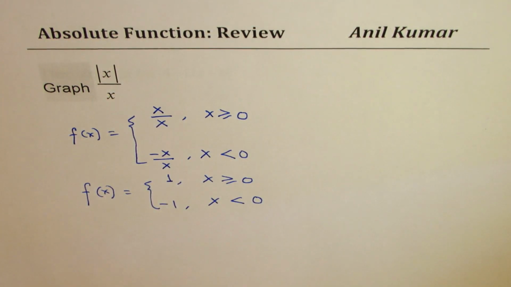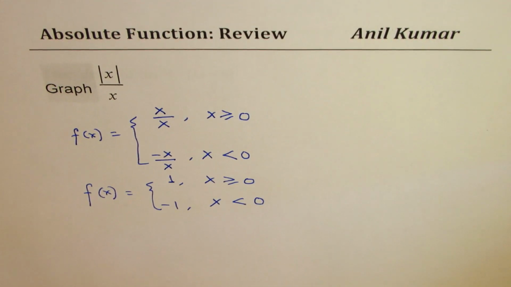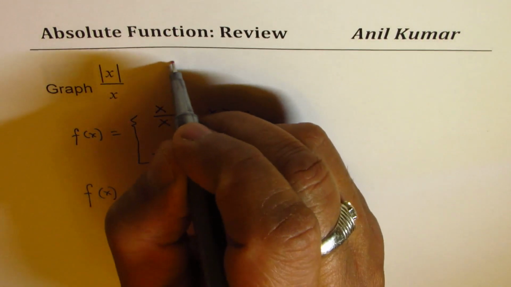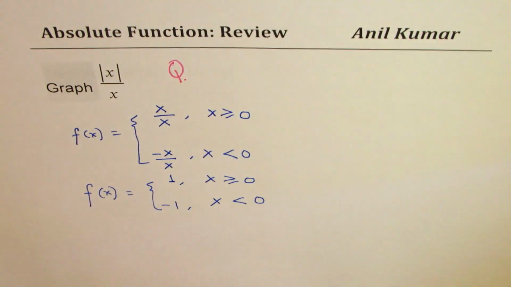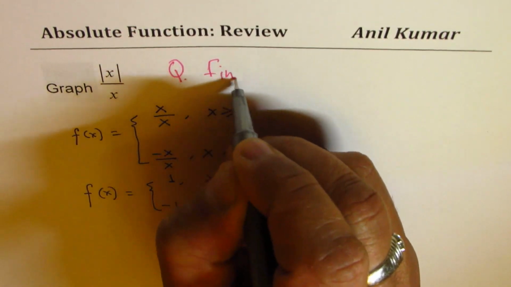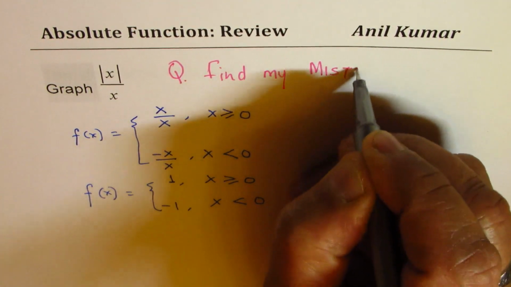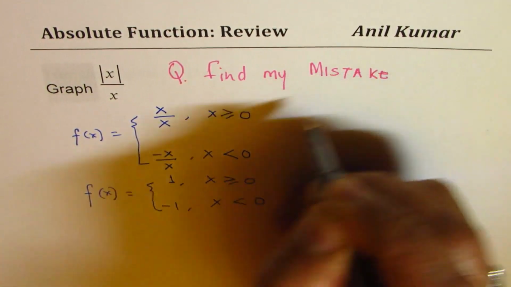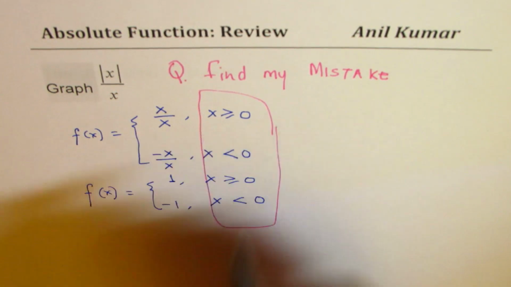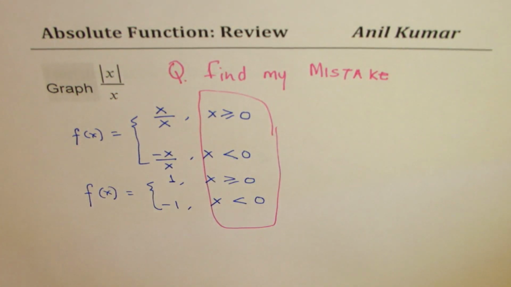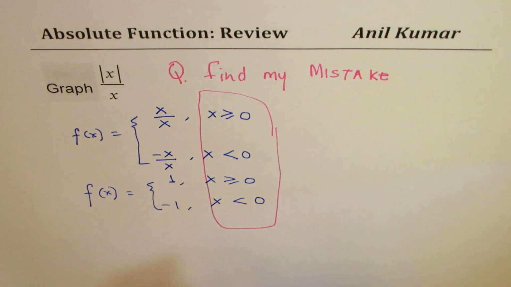Now your question, that is also a test question, right? The question is, find my mistake. Right there, we have made a mistake. Now, that's another very important question to understand.